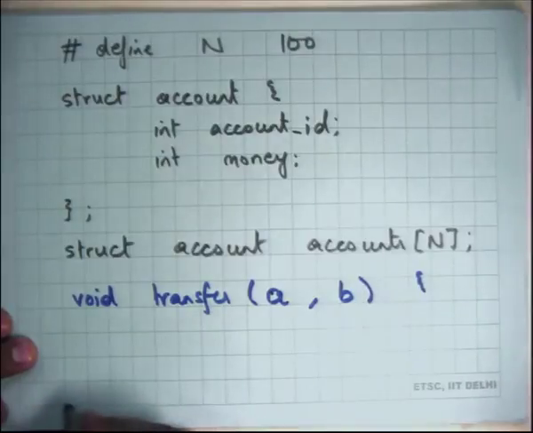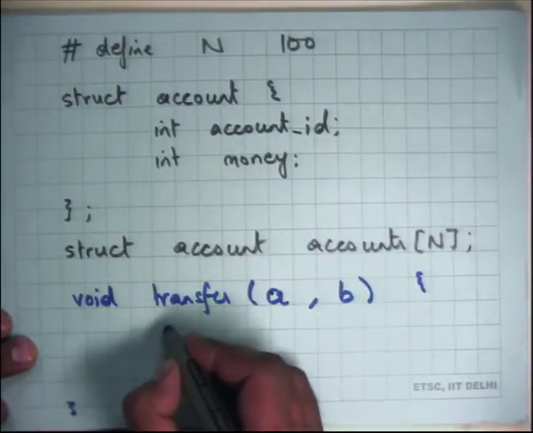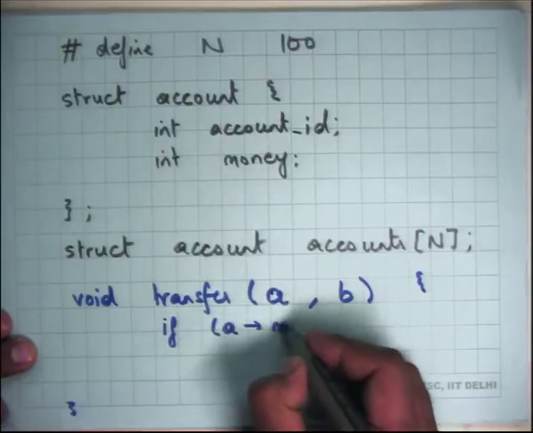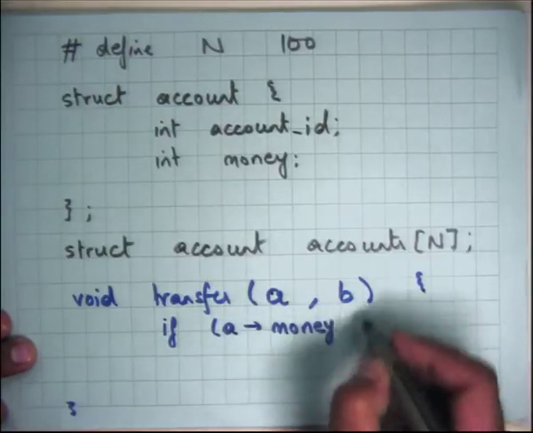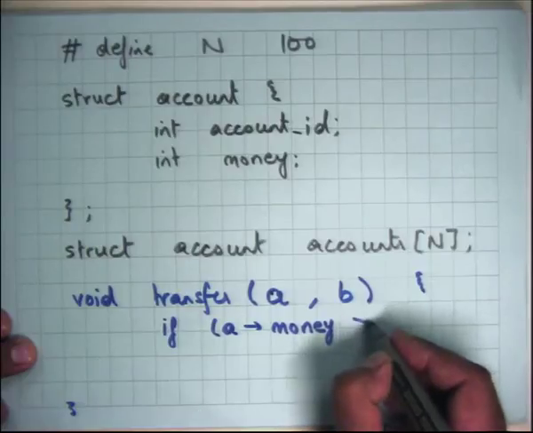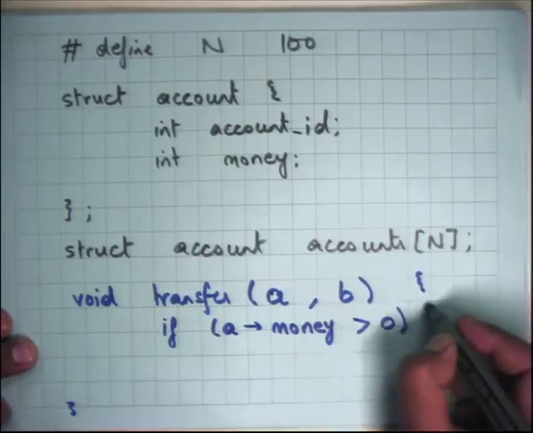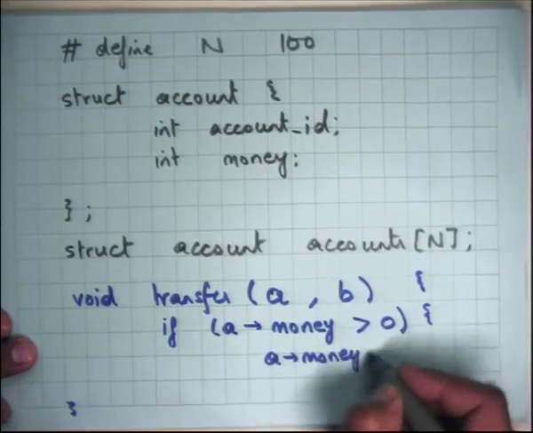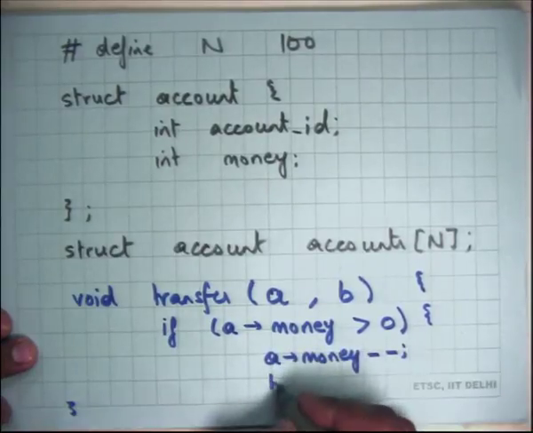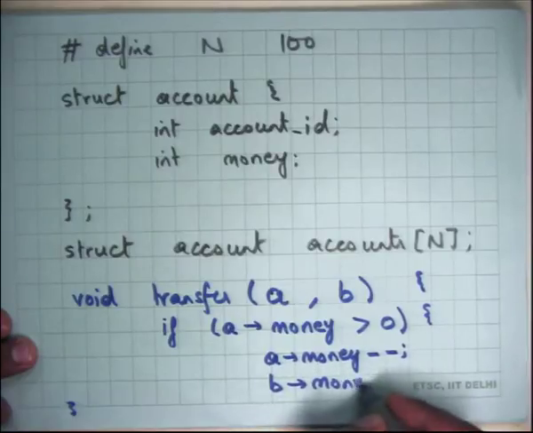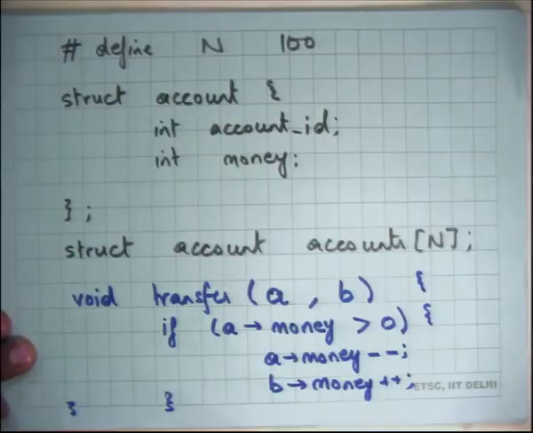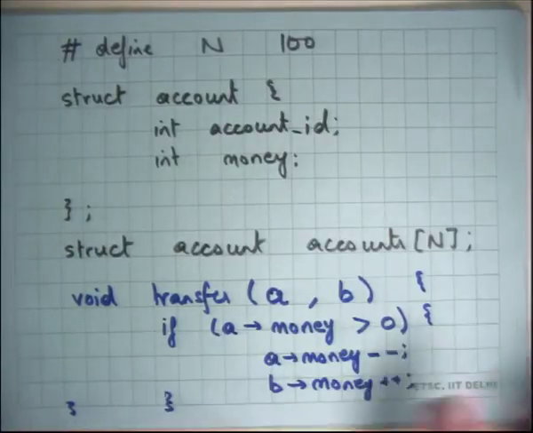What it's going to do is: if A.money is greater than 0, then A.money--, B.money++, and that's it.